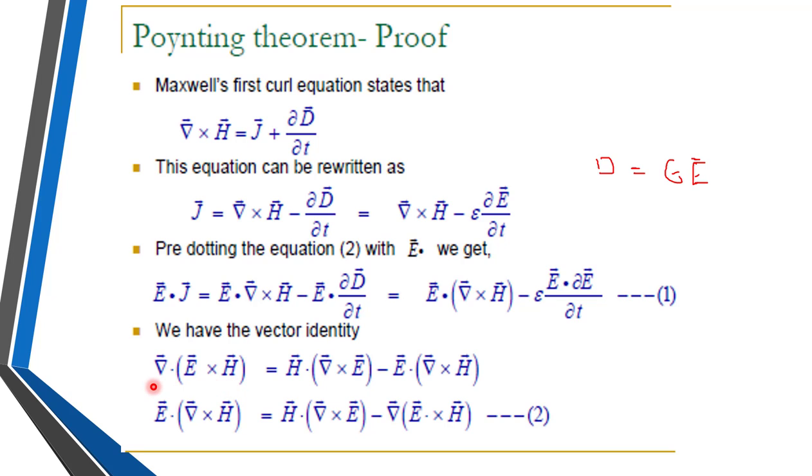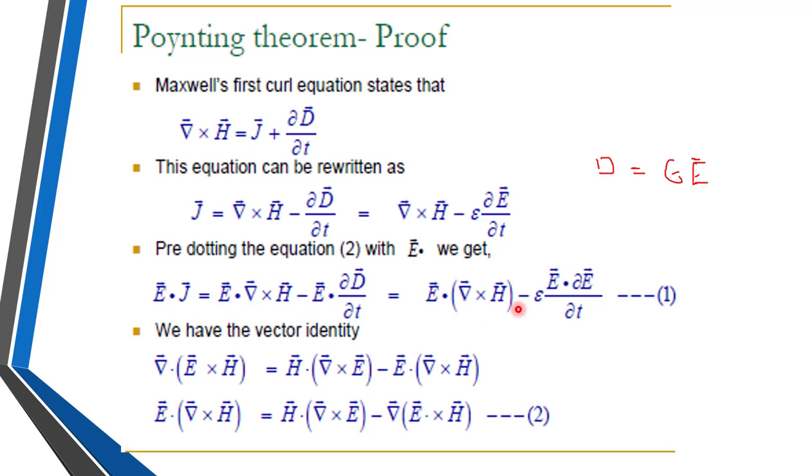This means the divergence of E bar cross H bar is equal to, first we take the second vector outside the bracket, H bar dot del cross E bar. Keep the second vector outside the bracket and take the curl of the first vector, so it is H bar dot del cross E bar minus, putting the first field, E bar dot del cross H bar. Okay, so this is the vector identity.